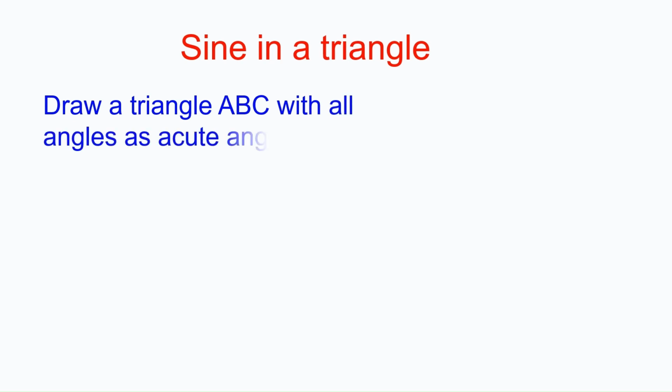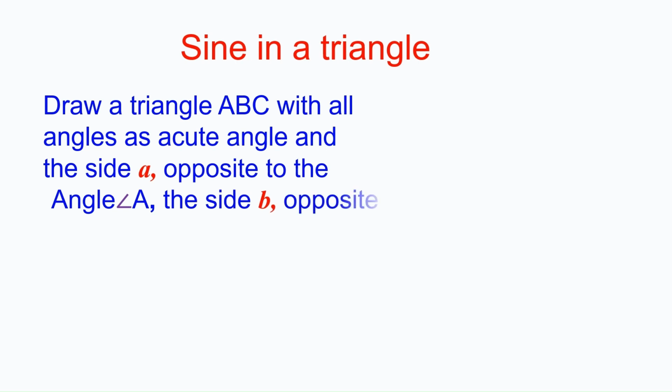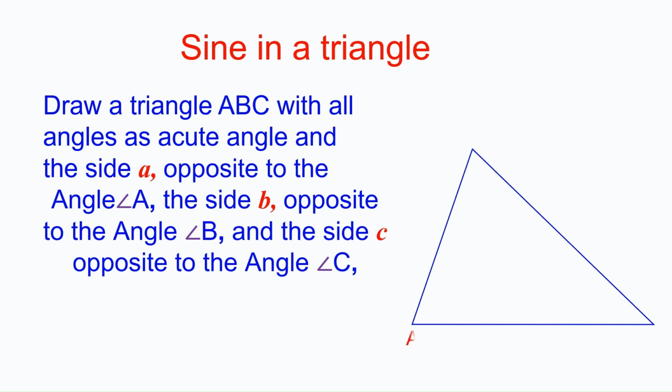We remind you of the sine rule. Sine in a triangle. Draw a triangle ABC with all angles as acute angles and the side a opposite to the angle A, the side b opposite to the angle B, and the side c opposite to the angle C. This order of labeling is important.